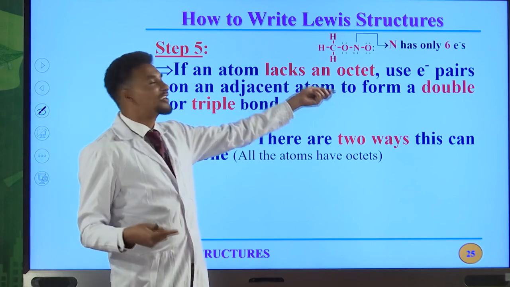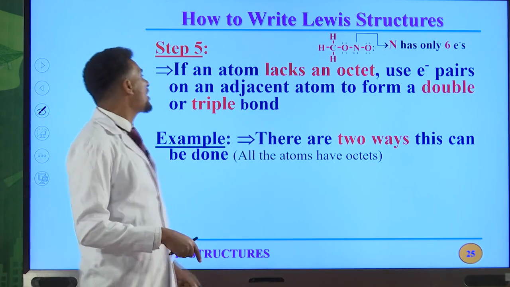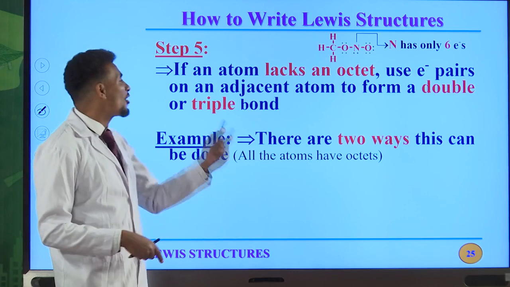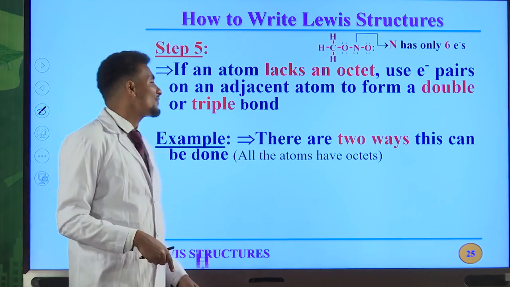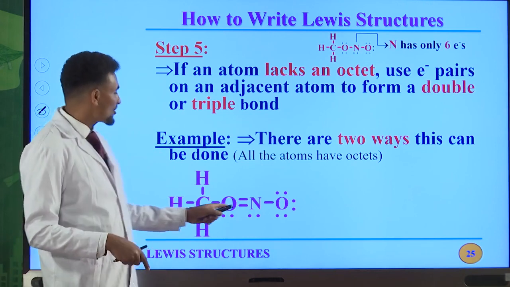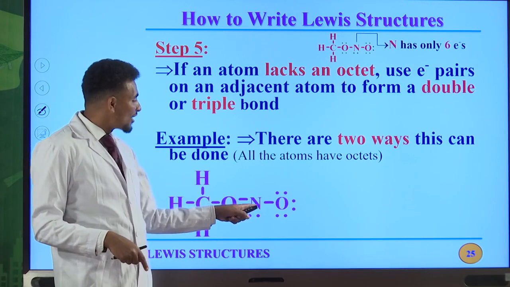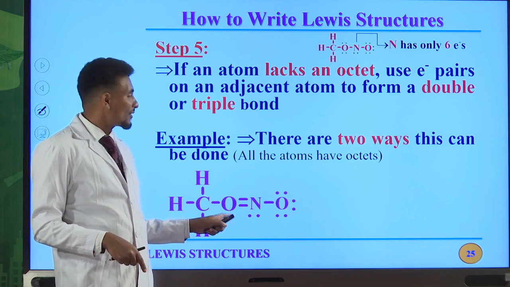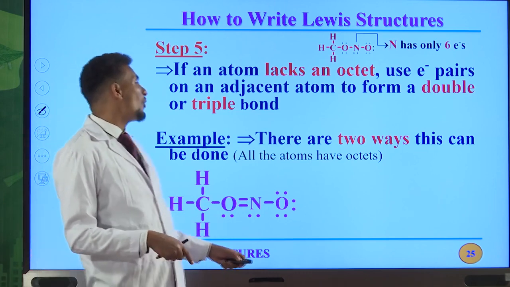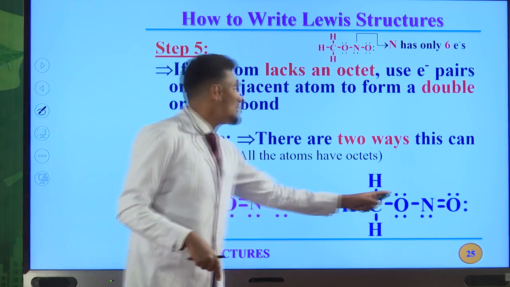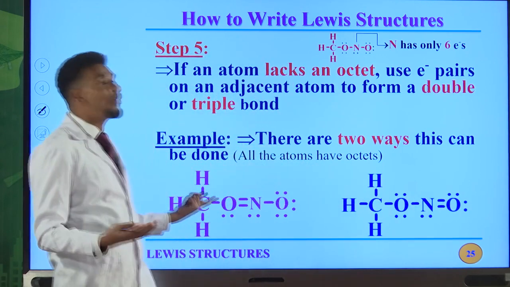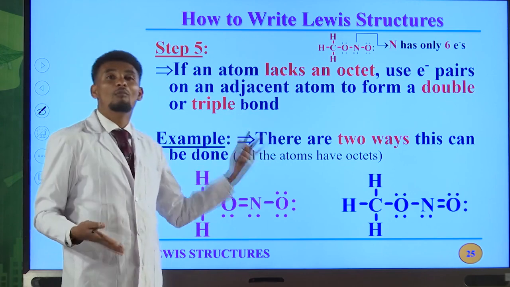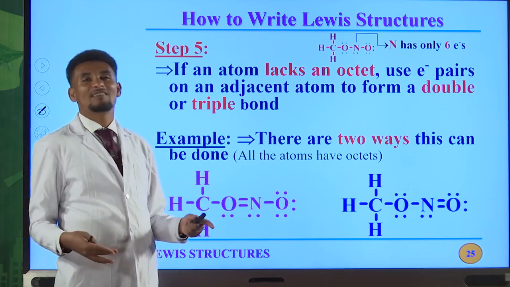So if an atom lacks an octet, use electron pairs on an adjacent atom to form double or triple bonds. There are 2 ways this can be done. One is a double bond formed between the nitrogen atom and this oxygen atom. The second way is a double bond formed between this nitrogen and the other oxygen atom. So we have 2 ways for this molecule, methyl nitrite.